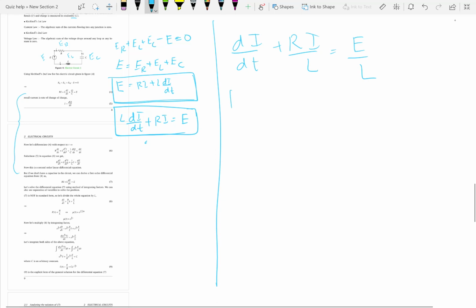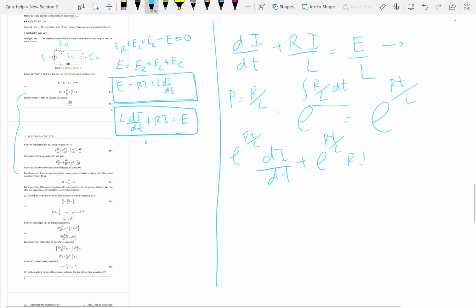The P here is R over L. So the integrating factor is e to the integral of R over L with respect to t, which is e to the Rt over L if you integrate with respect to t. Now, to the standard form, you multiply by the integrating factor. So e to the Rt over L times di over dt, plus e to the Rt over L times R I over L, equals e to the Rt over L times E over L.